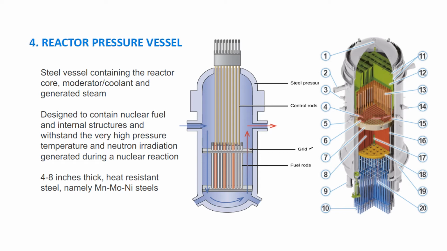So the reactor pressure vessel is designed and constructed over many years, just to make sure that it can withstand the very high pressure, temperature, and neutron irradiation. It is usually 4 to 8 inches thick. It's heat-resistant steel, namely MnMo nickel steels. These are some parts of your reactor pressure vessel.